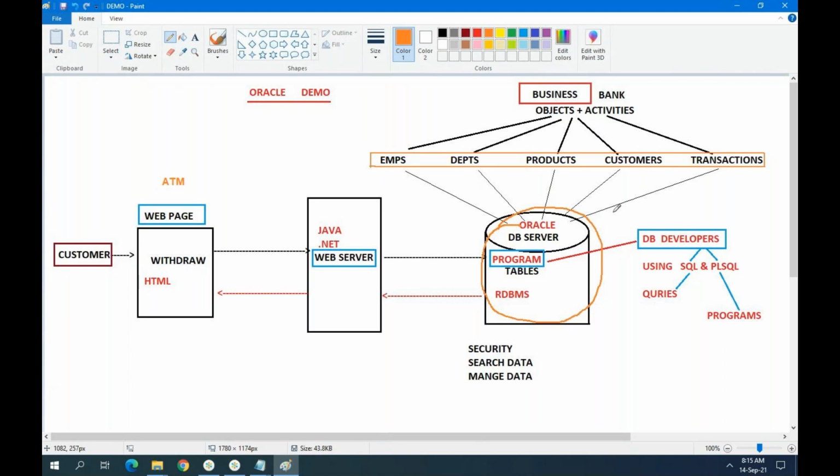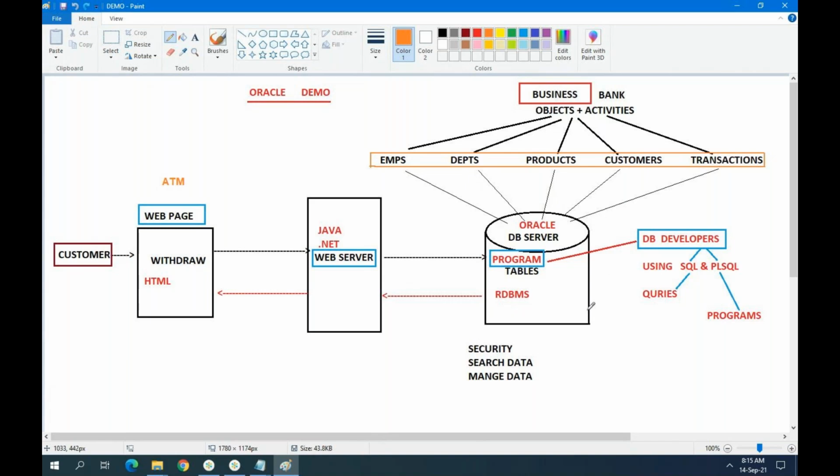Accurate means only valid data is there, and they can search data very fast, and they can manage data easily. This is the benefit of maintaining RDBMS for the business.